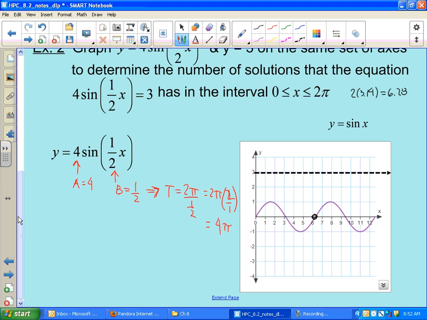So this sine curve is now going to take 4 pi to go through its full cycle, where it normally takes just 2 pi. So it stretches up by 4, which means I'm going to be maxing out up here at the 4 value. I'm going to be minimum at -4. Let's see what happens.